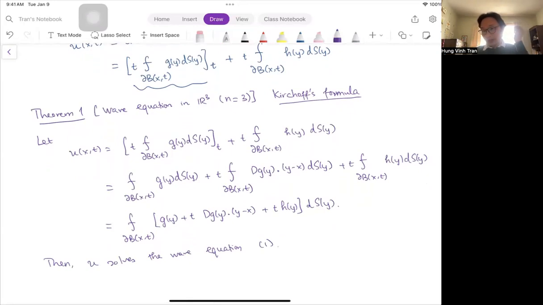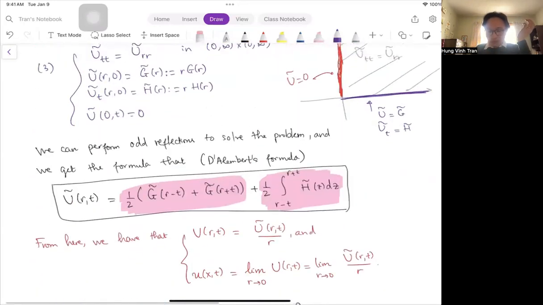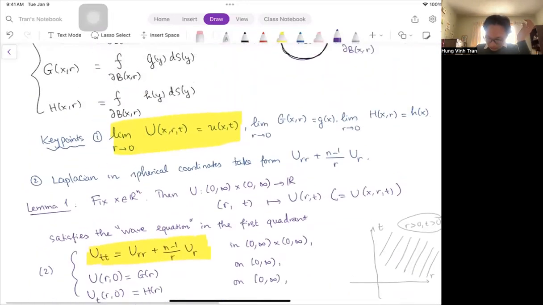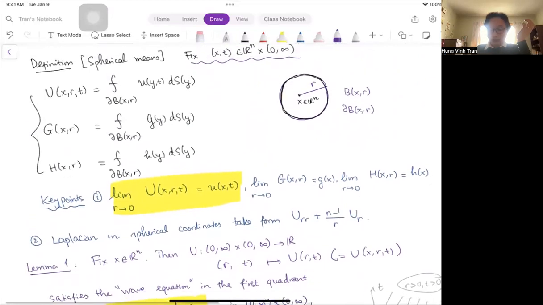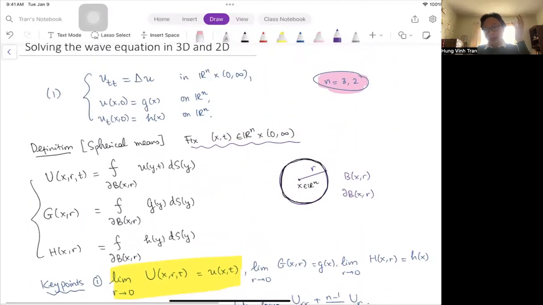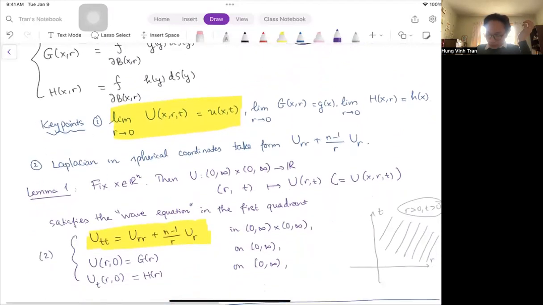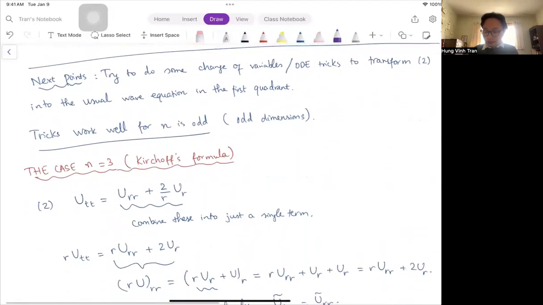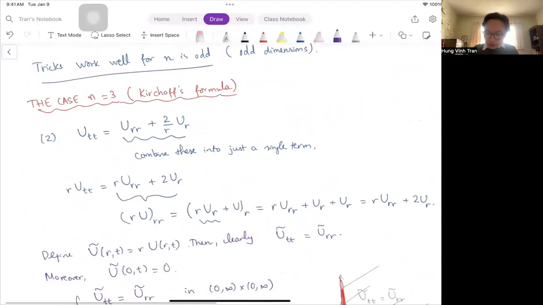It looks complicated, but let me repeat that first. We use the spherical means to reduce the wave equation in n dimensions to a modified wave equation in the first quadrant. And then in the case n equals 3, or in general for the case of odd dimensions, we can do another change of variable.